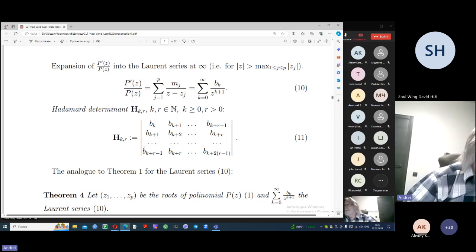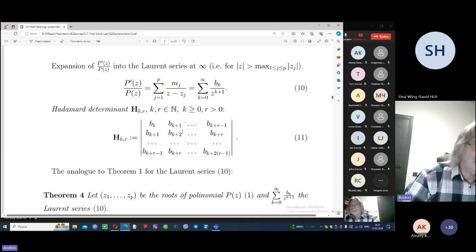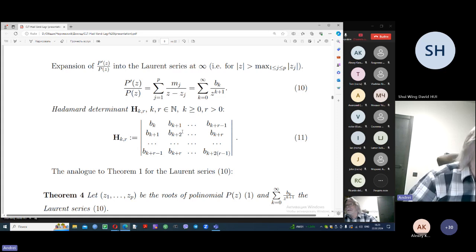And the corresponding Hadamard determinant is again defined by the same formula, and we have here results analogous to those before for the Taylor series.